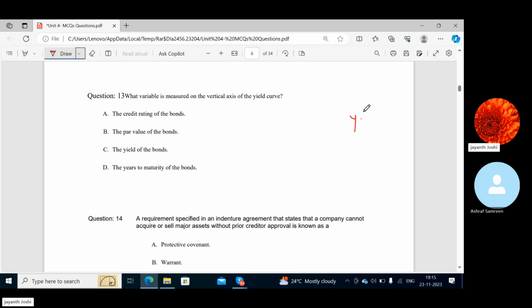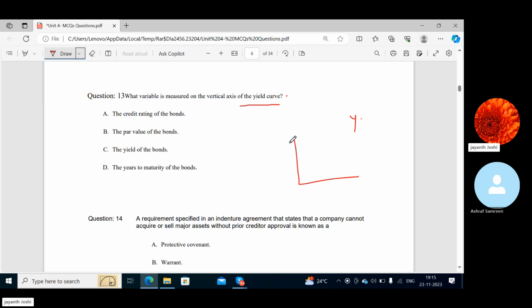Yield curve questions they are giving many times, and we have discussed it also right now. So you have to do that in a lot more detail. 13th question. What variable is measured on the vertical axis of the yield curve? There are two things, horizontal axis and vertical axis.